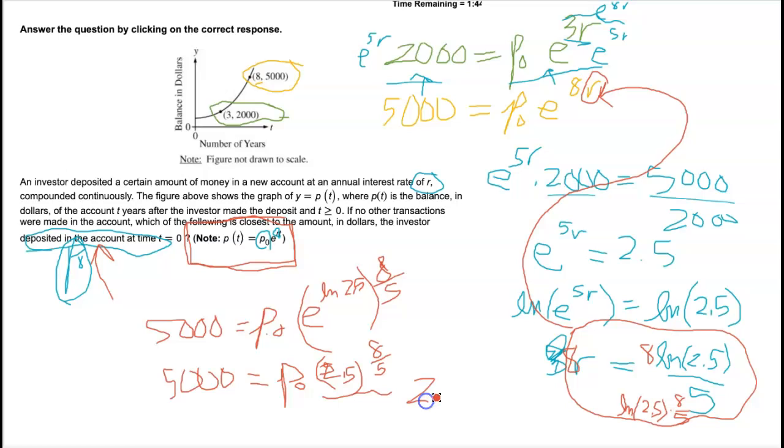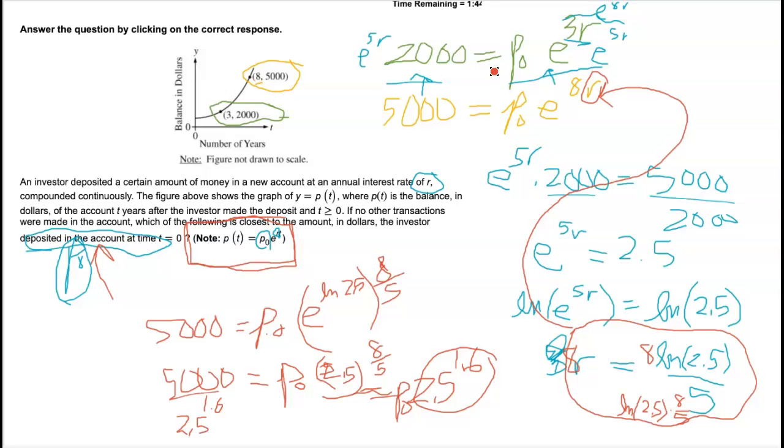That's 2.5 to the power 1.6, right? And that's P0 times that number, which is equal to 5,000 over here. So to solve for P0, I'm just going to take that number, divide over there. Calculator work. Nothing pretty about this one, except maybe the green and yellow equations up top.